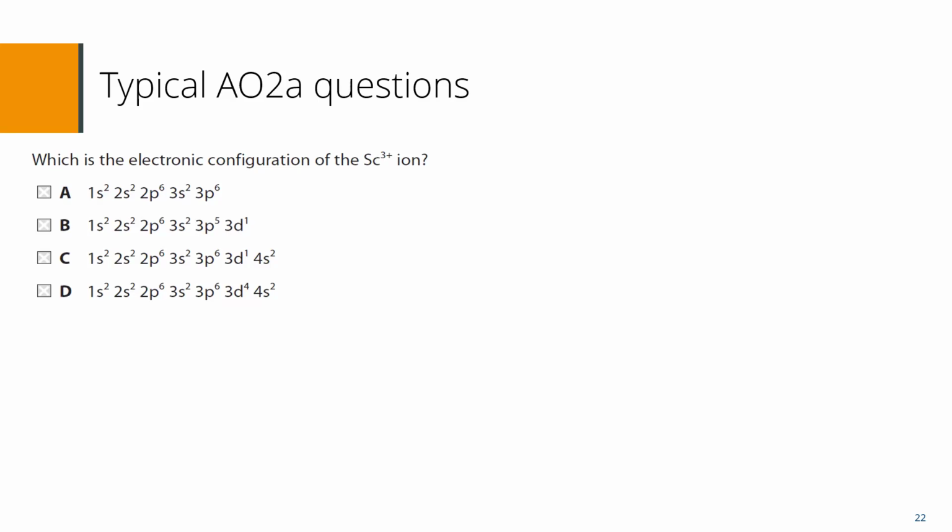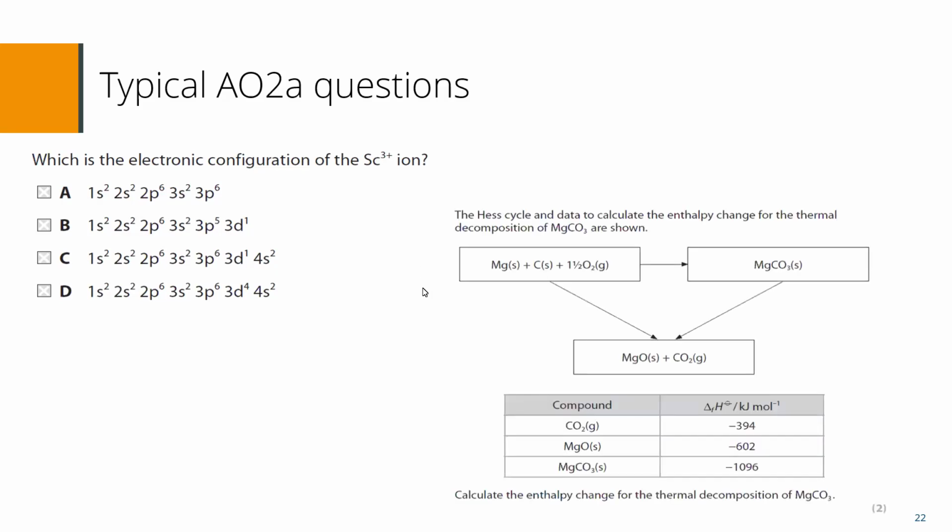Therefore they have to apply their knowledge of, one, the electronic configuration of the scandium atom, and secondly, the knowledge of which electrons are removed first when the transition metal ions form. Well, this is a transition metal, when the D block metal atom forms an ion. So that is AO2A.